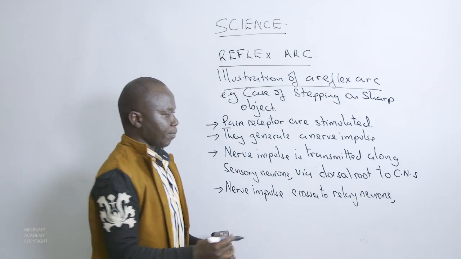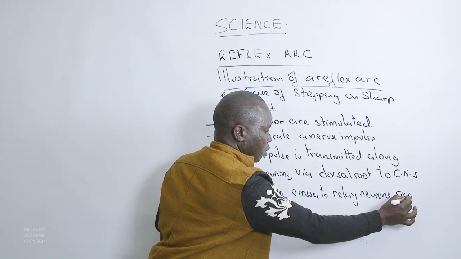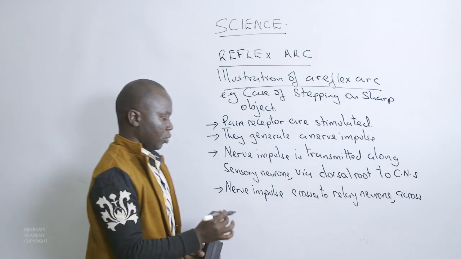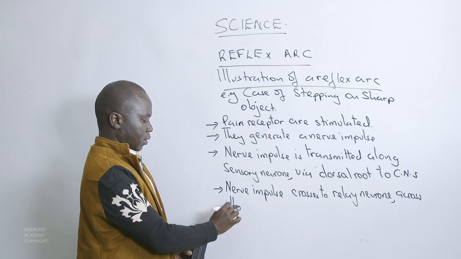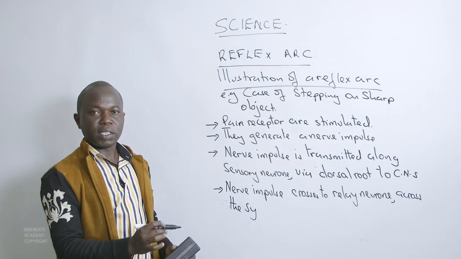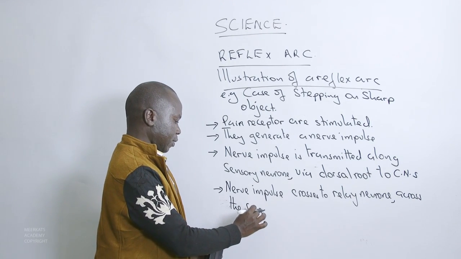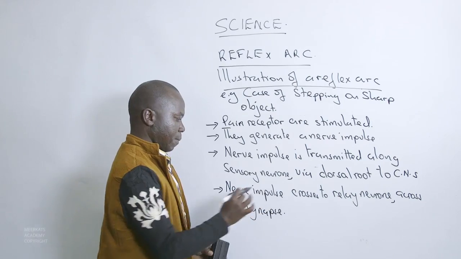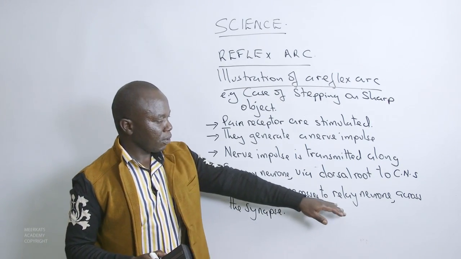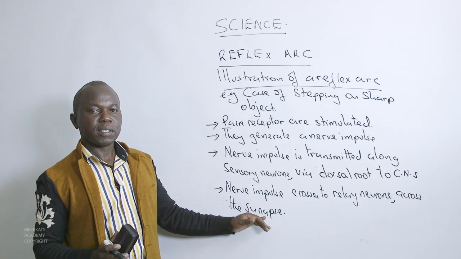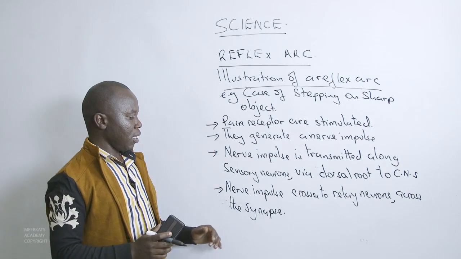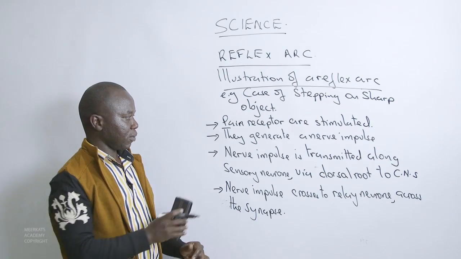The nerve impulse crosses to the relay neuron, but across a junction, across the synapse. The relay neuron will now allow transmission of the nerve impulse to the motor neuron.